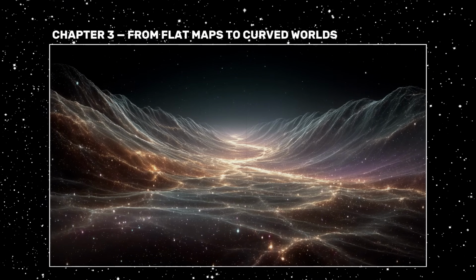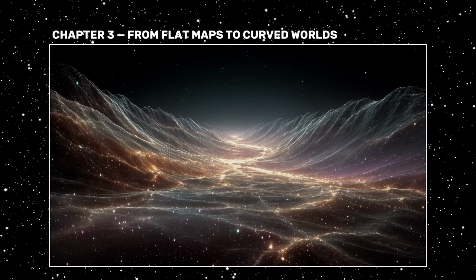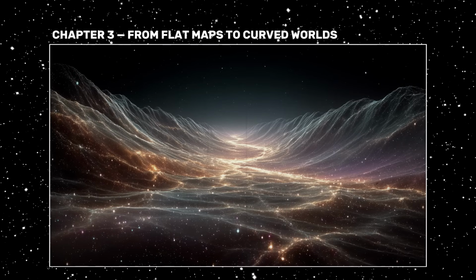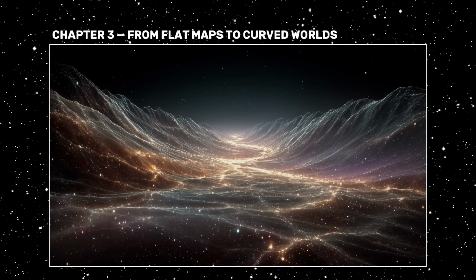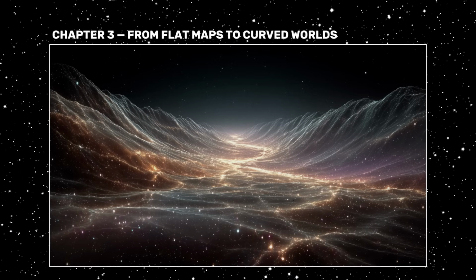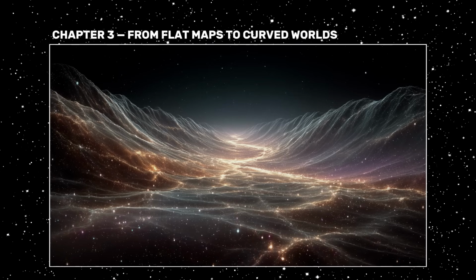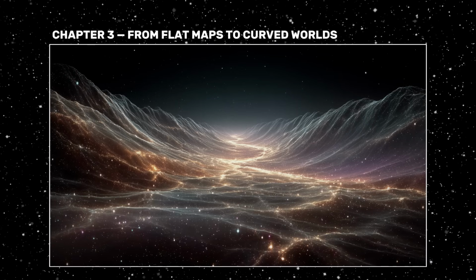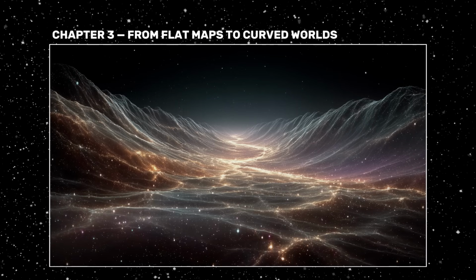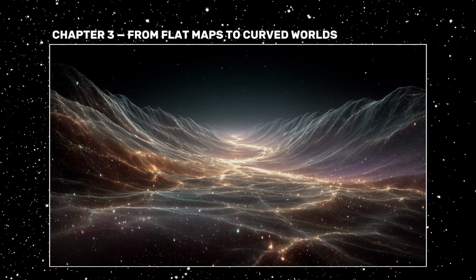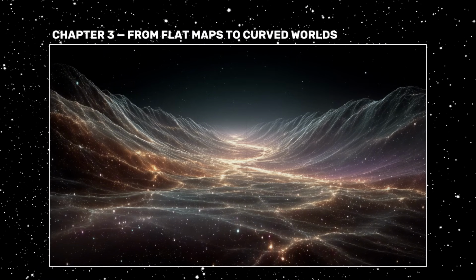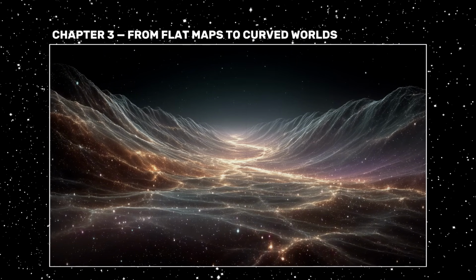They provide the grammar by which curvature is expressed, the precise rules that allow us to calculate how much deviation from flatness exists at each point. Without them, curved geometry would remain an intuitive idea, useful for sailors and architects, but insufficient for physicists probing the deepest laws of the cosmos.